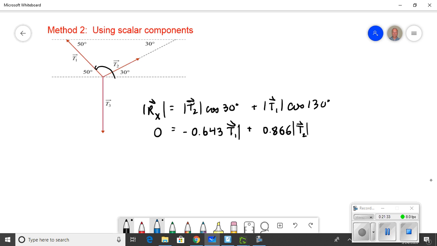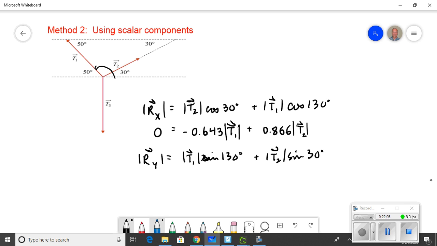And I'm going to treat these as variables here. Similarly, Ry just has a little bit of a different orientation here. So Ry has a T1 times the sine of 130 and a T2 times the sine of 30 degrees.